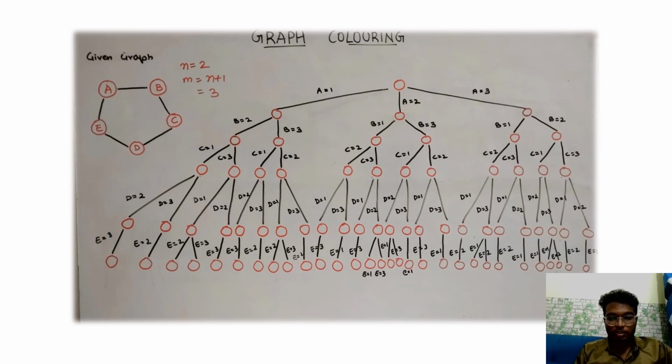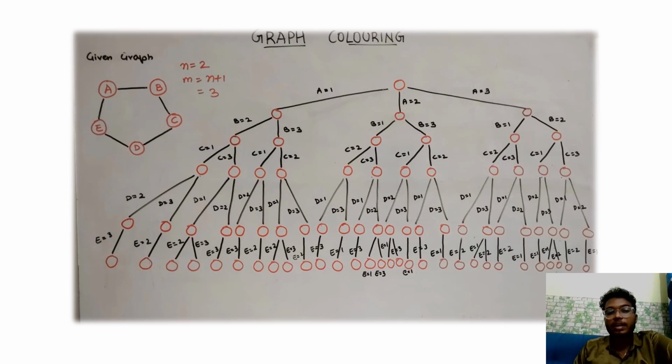For example, if we color A with the first color, then B can be colored with the two other colors, that is either the second color or the third color. If B is colored with the second color, we move to vertex C. C can be colored with the first color or the third color, because its adjacent vertex B is colored with the second color, and we cannot color C with the same color.